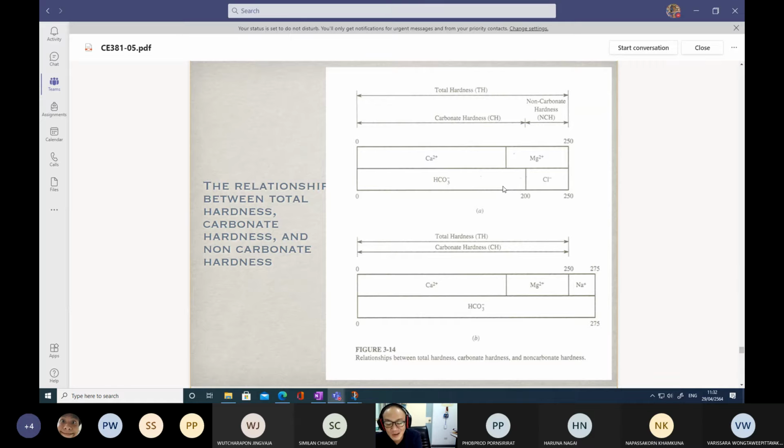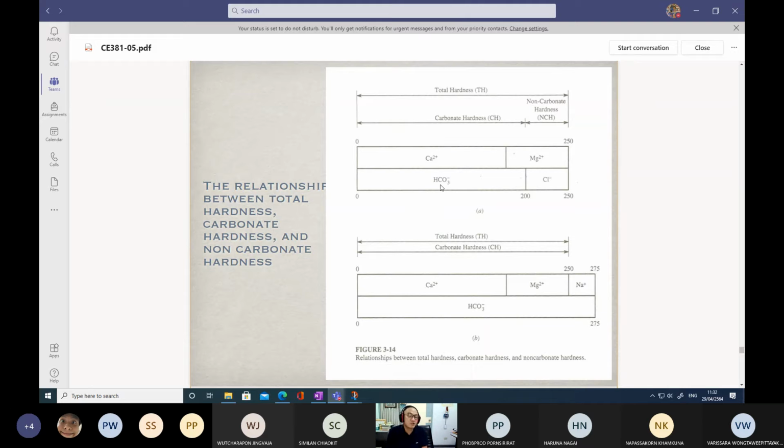In this case, we can conclude that there will not be any non-carbonate hardness. All the total hardness is the carbonate hardness. No non-carbonate hardness is present. This one we measure indirectly. We make indirect measurements for this one.